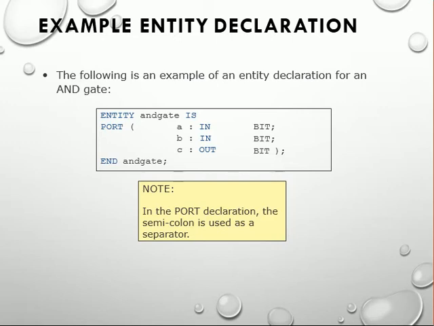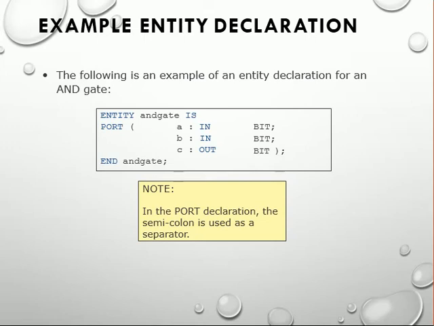Then it will be end AND gate semicolon. So this is the end of the entity declaration for AND gate. Now again remember, I am saying it again, in the port declaration the semicolon is used as a separator.